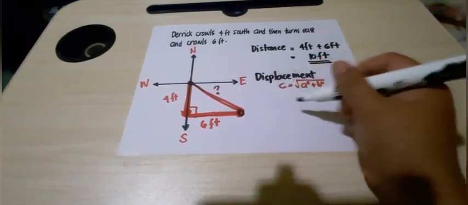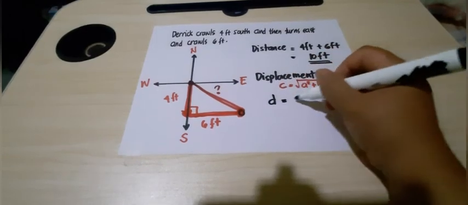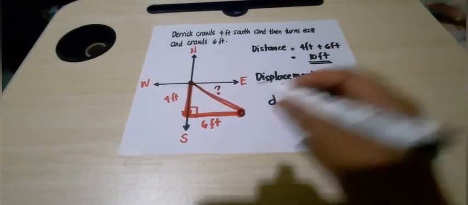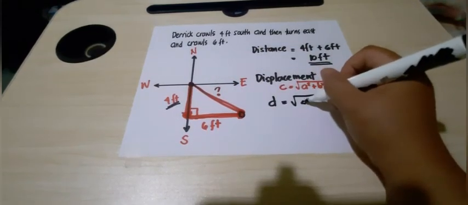However, we are looking for displacement, so we use d for displacement. d equals the square root of the first side, 4 feet, squared, plus the square of the other leg, 6 feet.